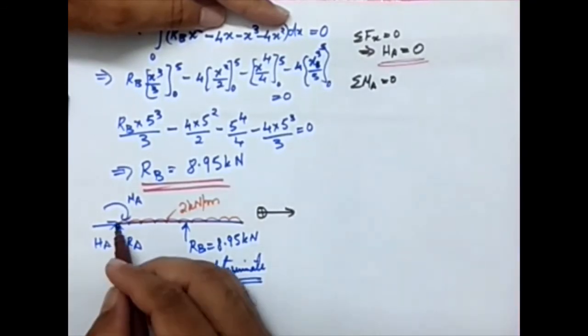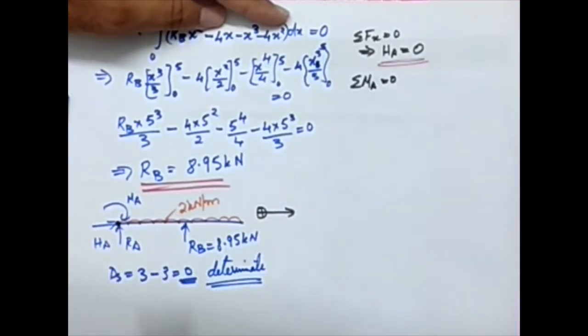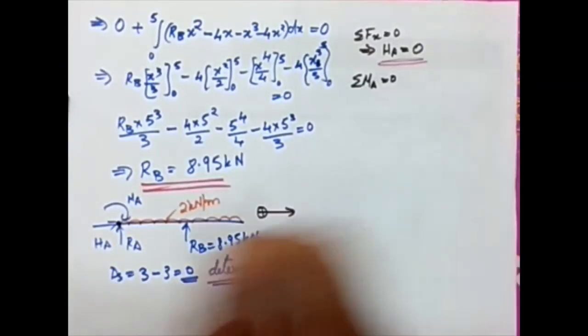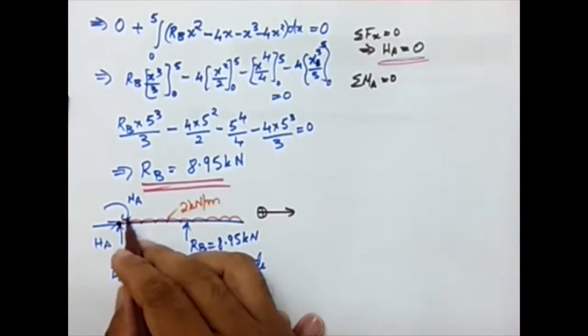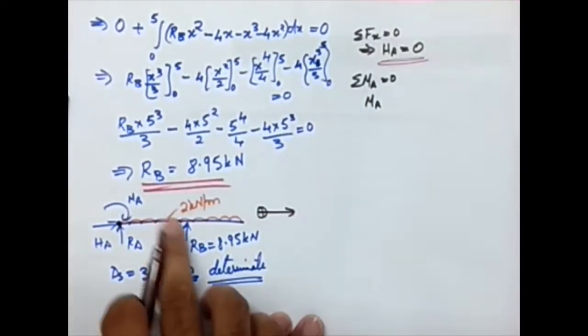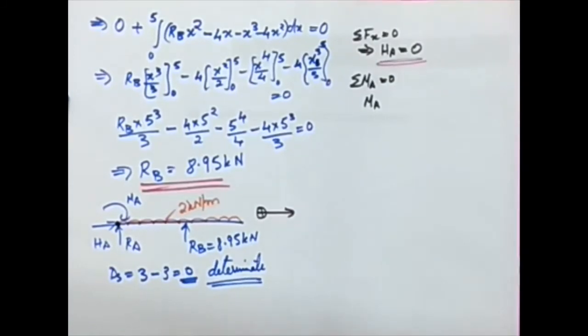So I got that. Now I'm trying to calculate sigma MA equal to 0. I'm taking moment with respect to the point A. When we take sigma, the sign convention is clockwise, anti-clockwise. There is no need for you to go for sagging, hogging. So sigma MA equal to 0. At point A, there is a moment MA, which is clockwise. Then we have 2 loads. So we are handling 1 load at a time.